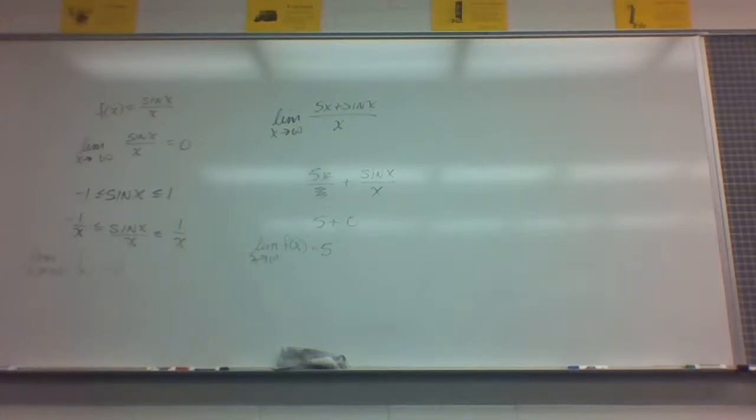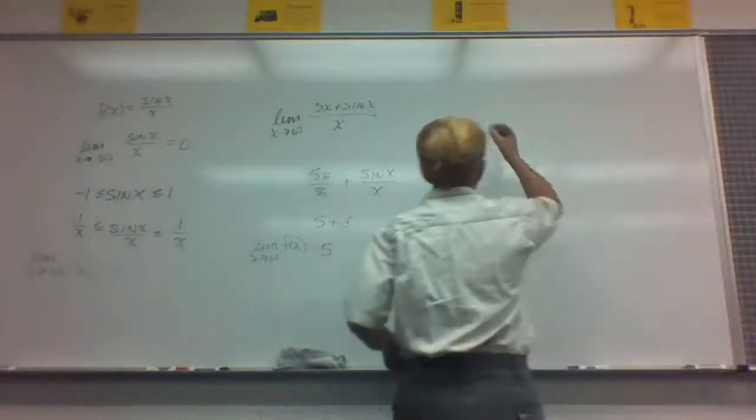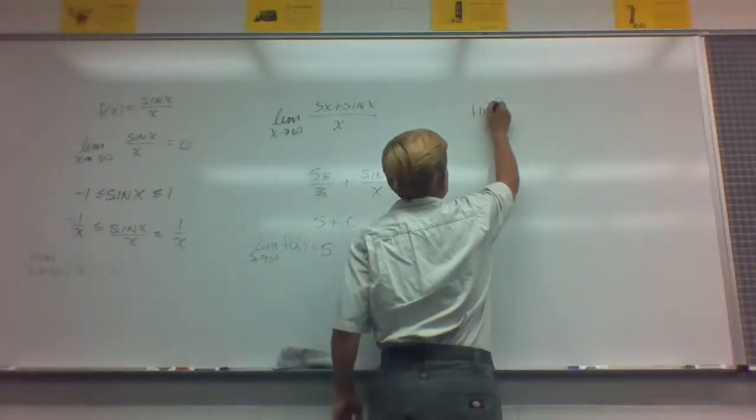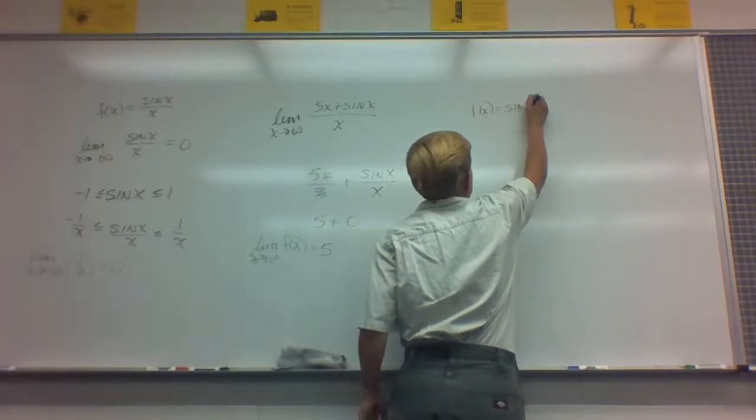Separate. What does f, which is sine squared x, settle on as x gets large? F is sine squared x, so let's write it up on the board. The first function, f of x, equals sine squared x.